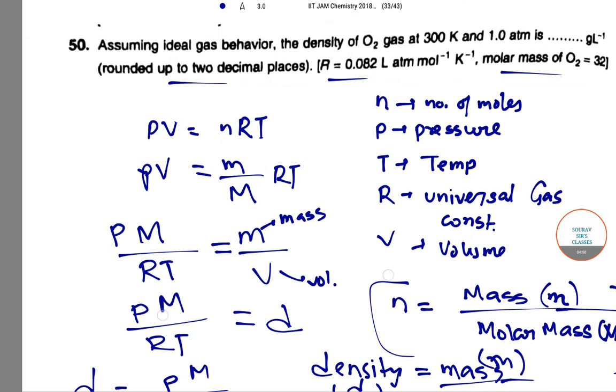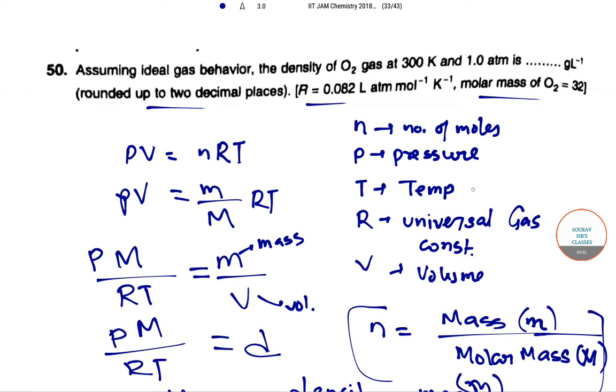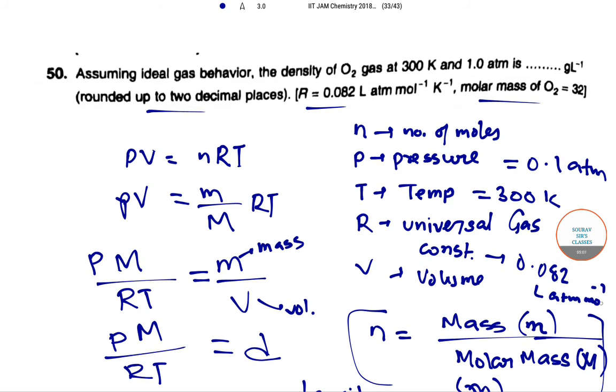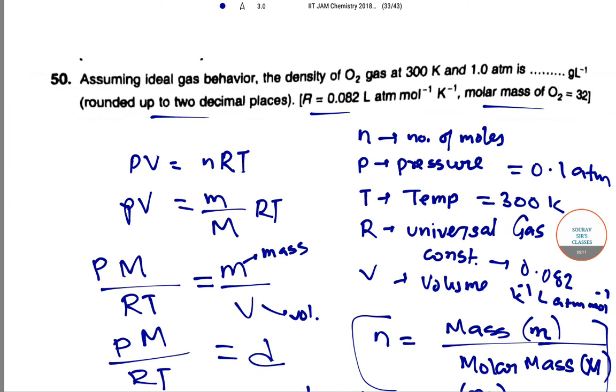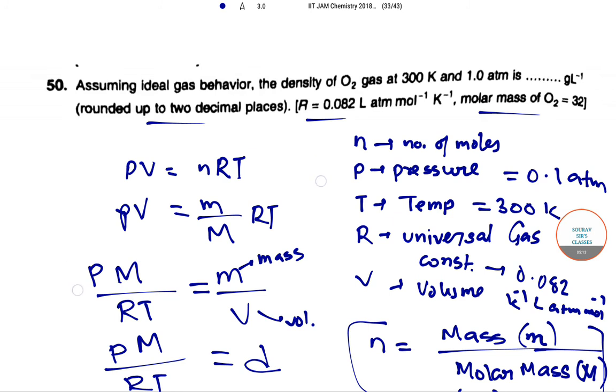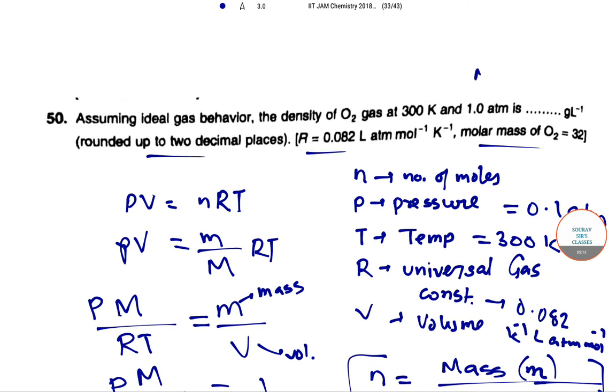Now we have been given that T equals 300 Kelvin, pressure equals 1.0 atmosphere, R has been given as 0.082 liter atmosphere per mole per Kelvin, and the molar mass of O2, that is the capital M, is equal to 32.